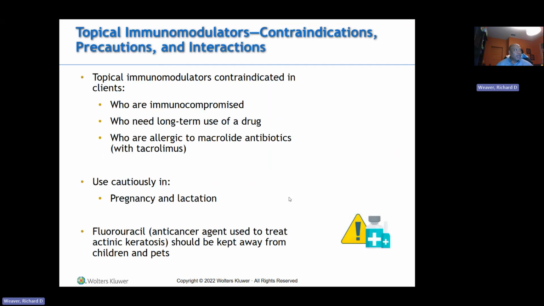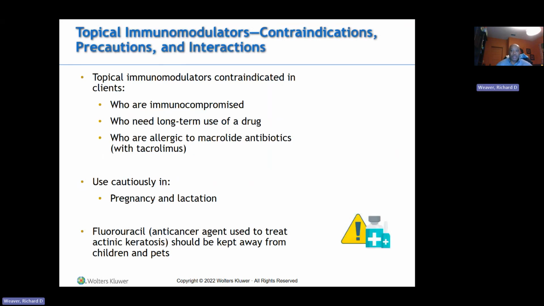All right. So when will use of this medication be contraindicated? When should we be more cautious? And what other drugs do it interact with in a negative way, of course? Now, because of the risk of greater immunosuppression, remember these drugs, these immunomodulators, we're trying to reduce inflammation, meaning we are suppressing the immune system, the immune response.